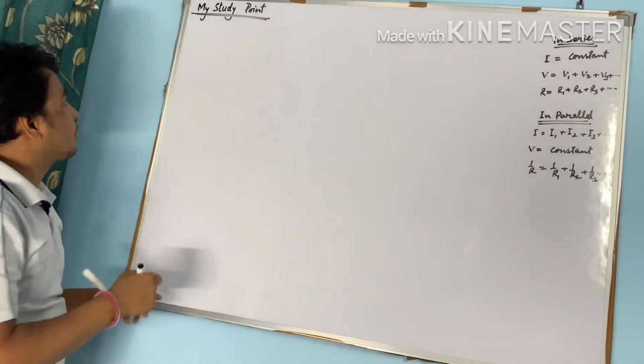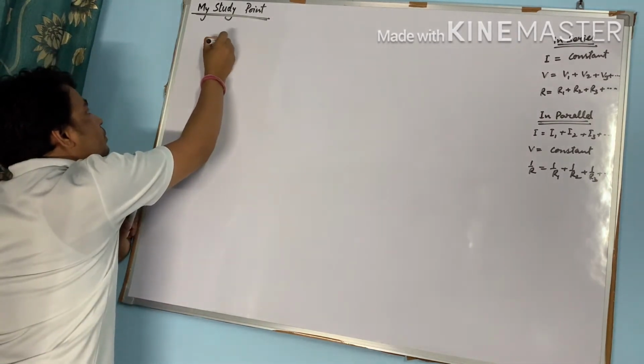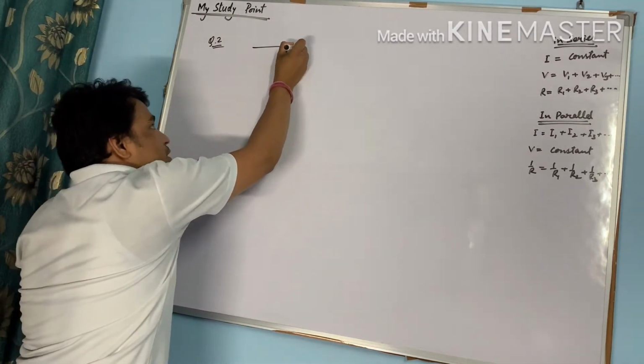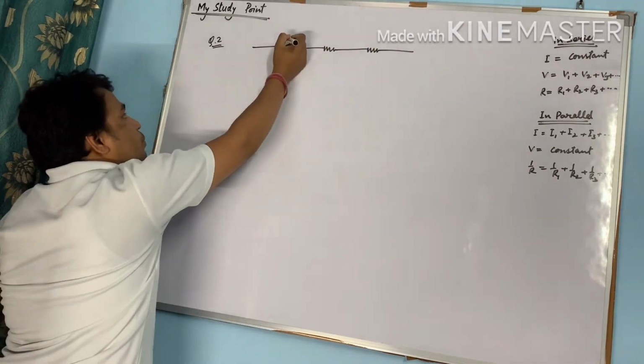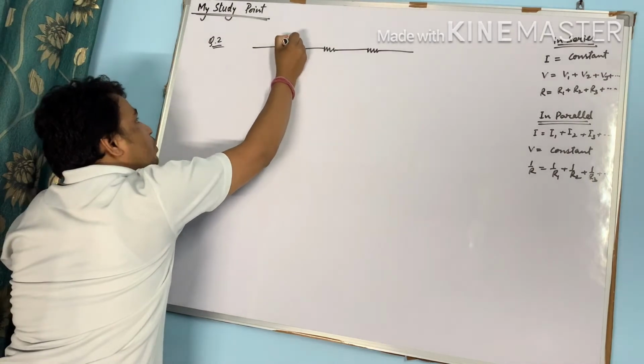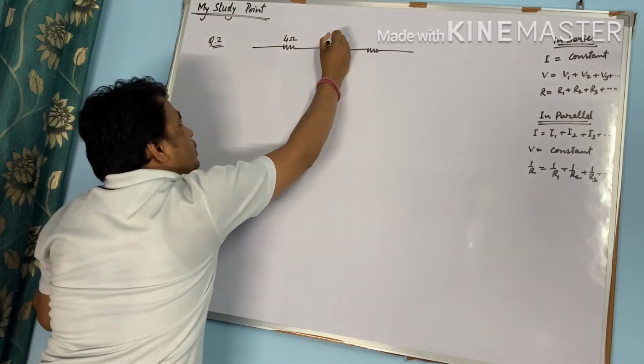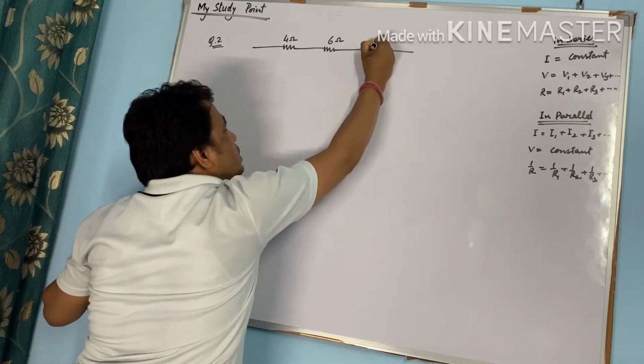Okay. Second question. 3 resistors are connected back to back. First one 4 ohm, second one 6 ohm, and third one is 5 ohm.